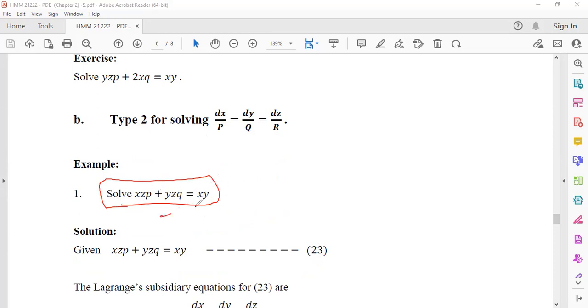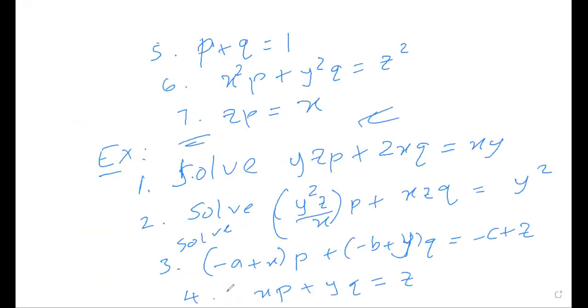So this kind of equations, okay? So type 2, for example, x p plus y q is equal to xy.